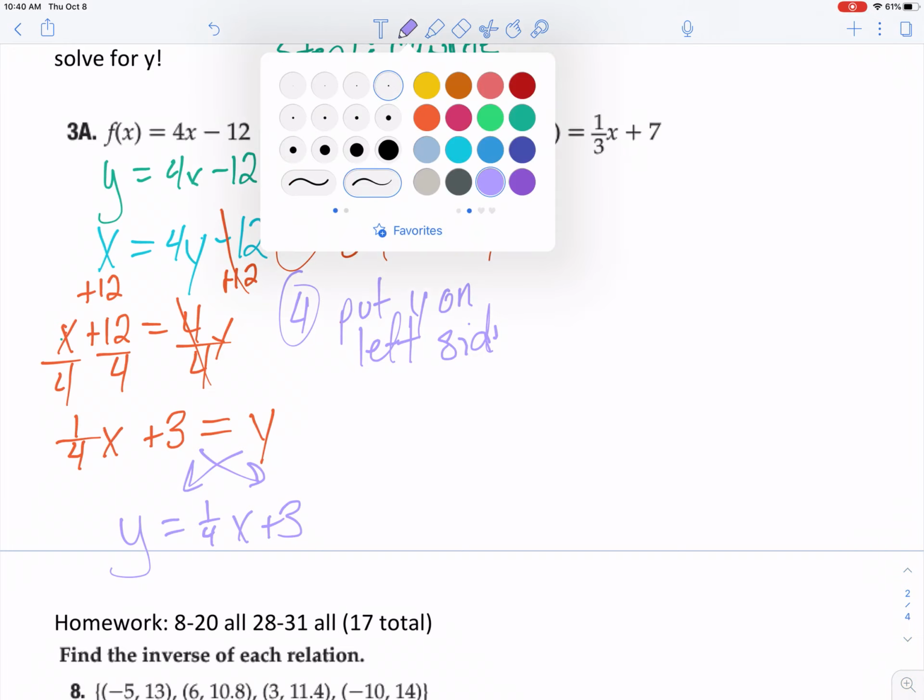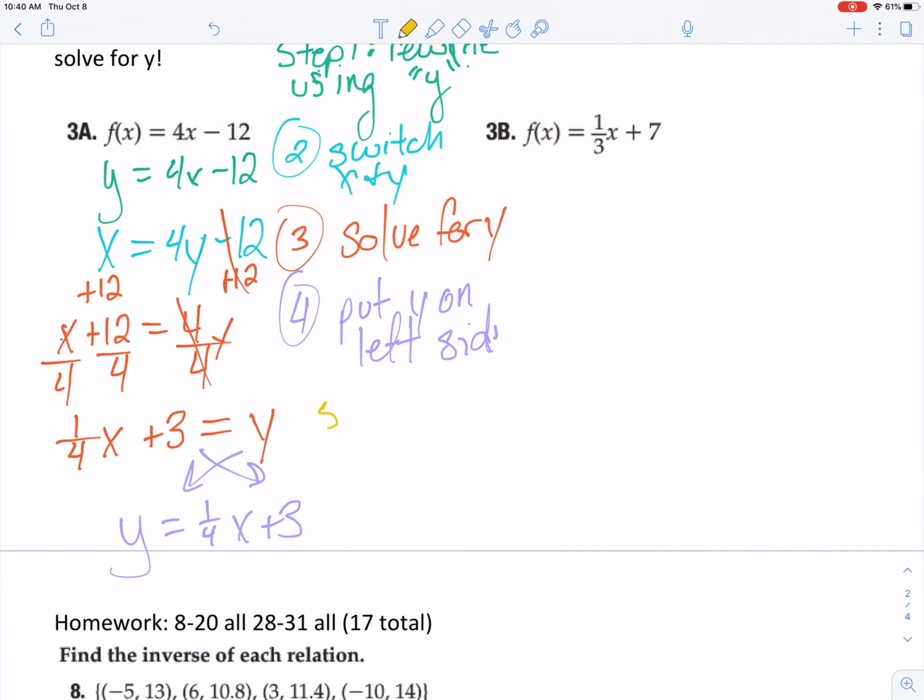When you write that back in function notation, we're going to be able to identify that this was an inverse. So rewrite in function notation, which again is going to use f of x.